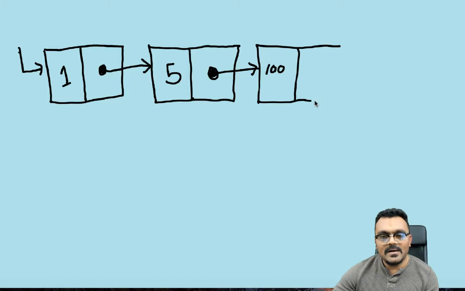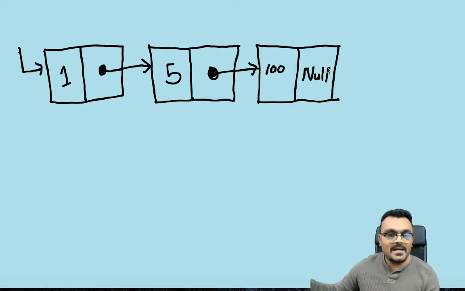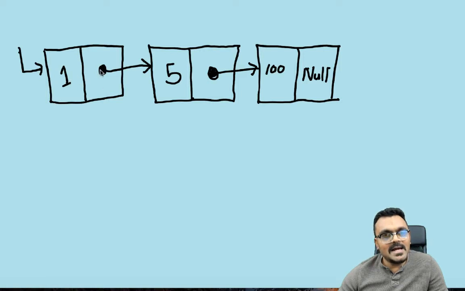From that point, I won't have any more maps, so I can call it null because it doesn't point anywhere else. So I have come to the end of the game. So this is my typical linked list where each node has a value and an address to the next node, until you reach the end of the list.